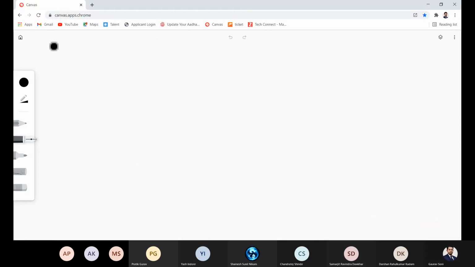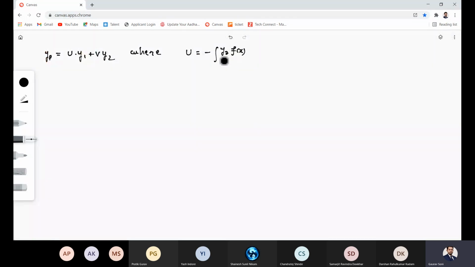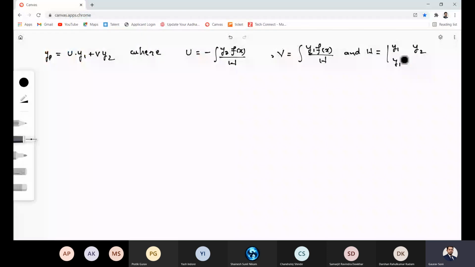I'll just write it down here. In variation of parameters, yp is u into y1 plus v into y2, where u is equal to minus integration of y2 into f of x divided by w. v is equal to integration of y1 into f of x divided by w, and w is given by the determinant of y1, y2, y1 dash, y2 dash.